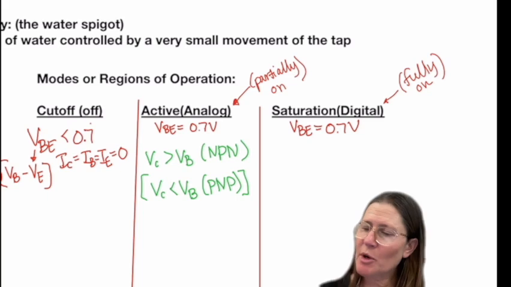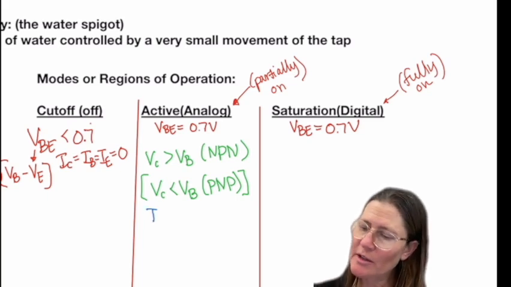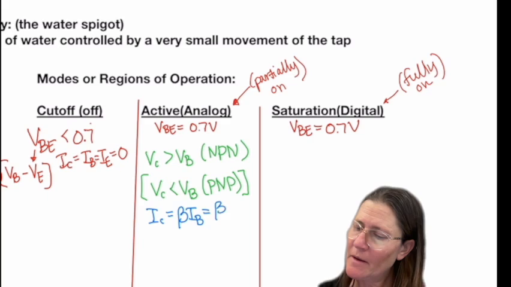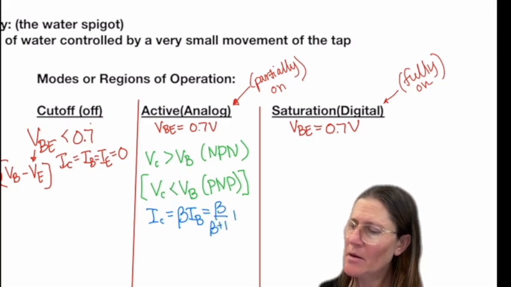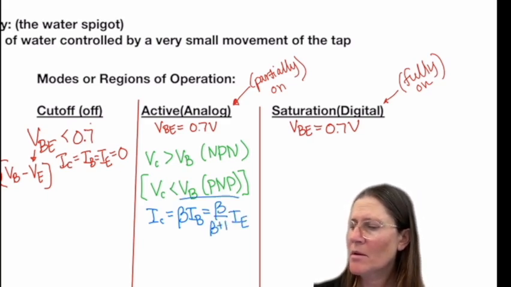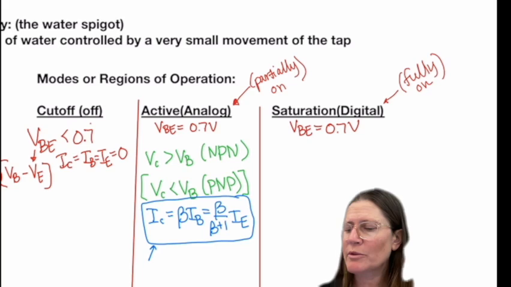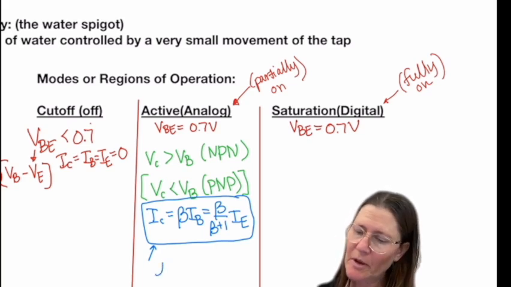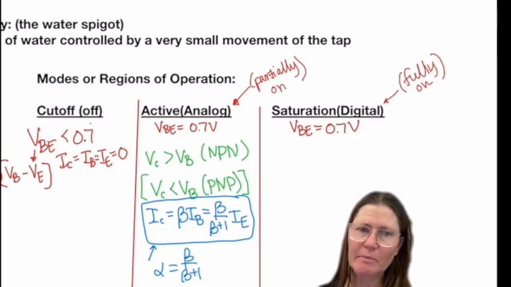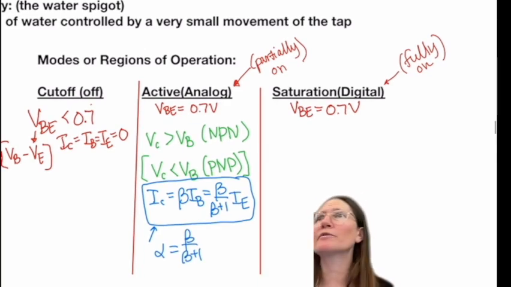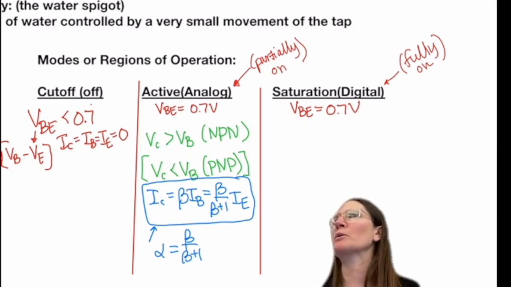In the active mode, we can use a condition that these are related by what's called beta. So if we're in active mode, we can use this relationship. There's another variable called beta, and then there's this alpha. Alpha is beta over beta plus 1.